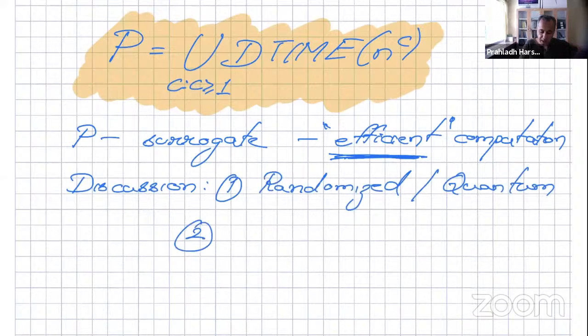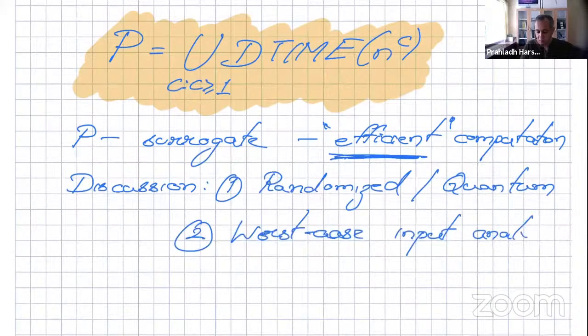The other thing is it captures only worst case input analysis. That is, you say something is in P only if every input has an efficient run. There might be certain problems where on most inputs the algorithm runs fast, on a few inputs it takes very long, but possibly you never care about these inputs. And sometimes you might be happy with this notion of efficiency.